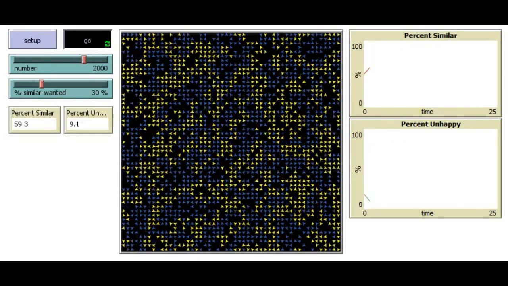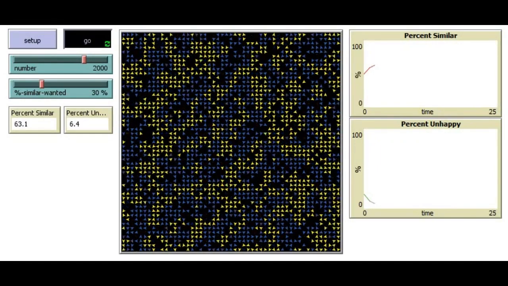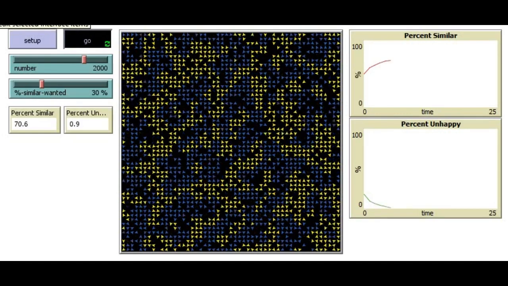Increasing the happiness level to 30% results in clear patterns of segregation emerging, with everyone surrounded by an average of more than 70% of similar people, far more than the 30% needed for everyone to be happy. Segregation emerges even though that was not the intention.